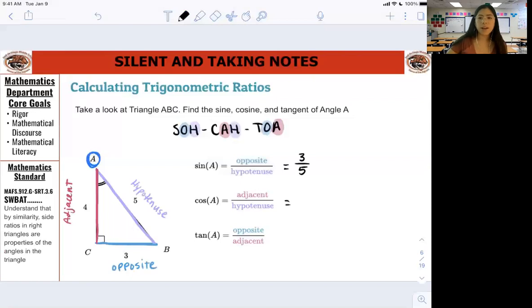What is the cosine of A? Good, 4 over 5. And then the tangent of A? 3/4. Awesome.